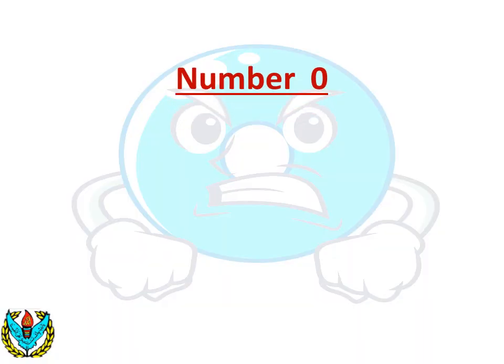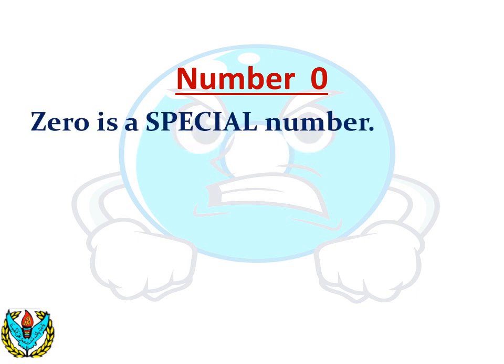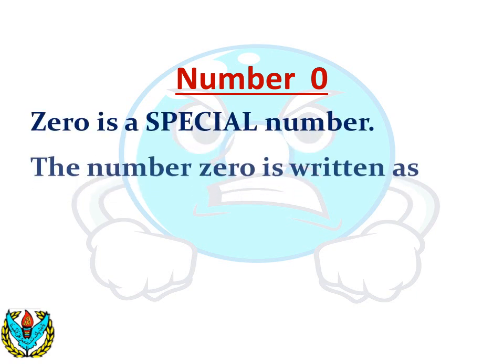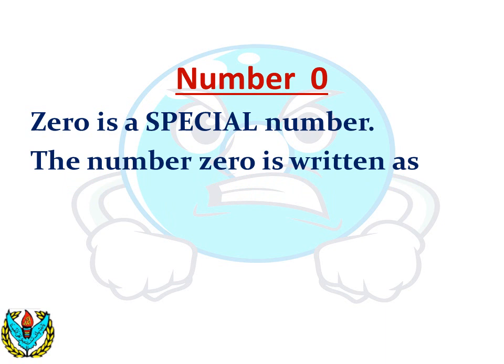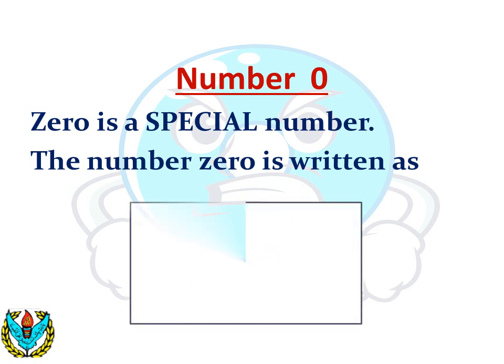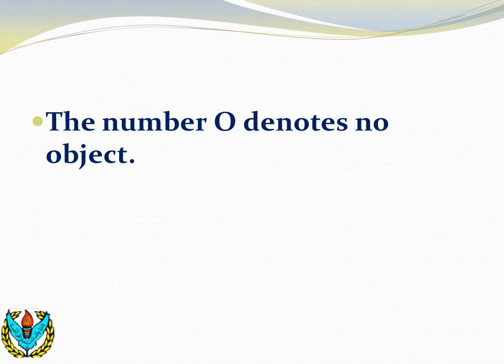Our next topic is about the number 0. 0 is a special number. The number 0 denotes no object. For example, you have one ball in a box.